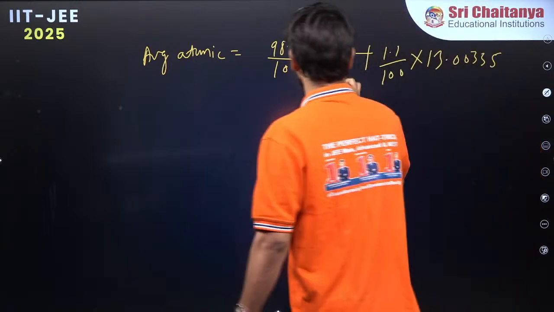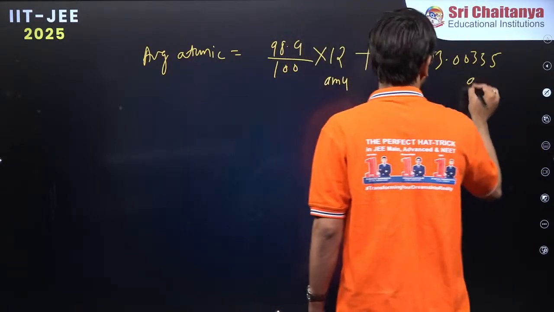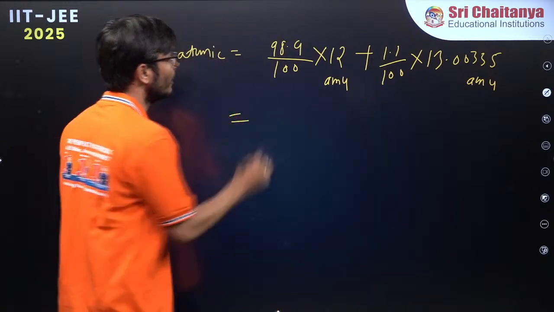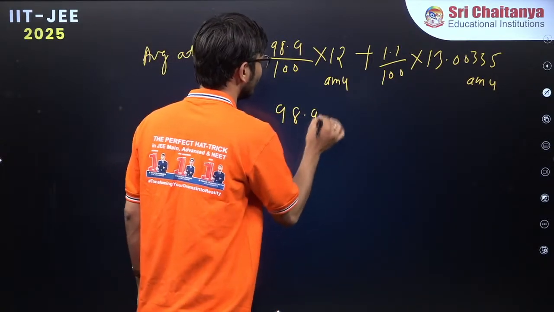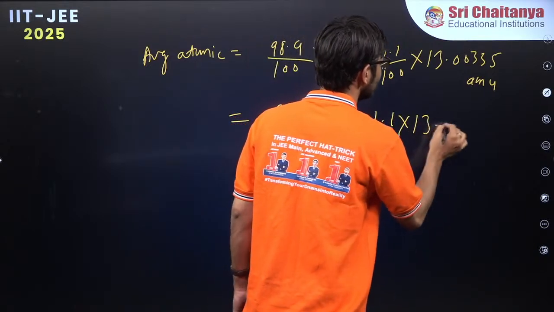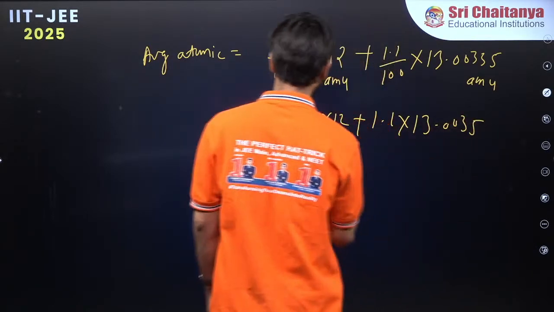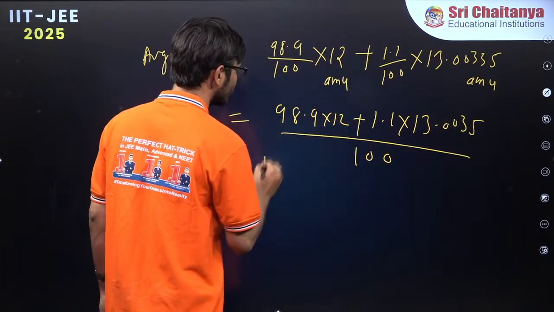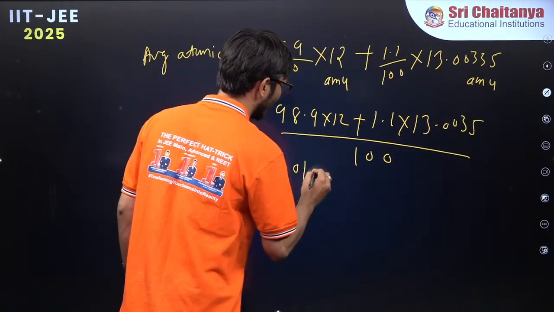This is also in AMU because we are measuring for one atom. You can write it as 98.9 times 12 plus 1.1 times 13.00335, divided by 100. The value comes out to be 12.01 AMU.